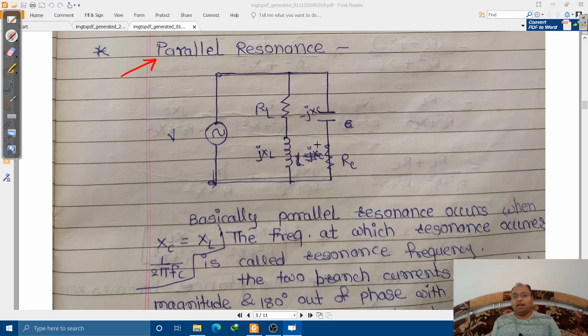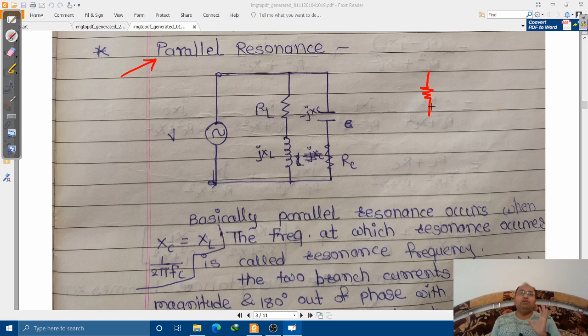Parallel resonance consists of an inductor and a capacitor. Remember that resonance will not occur if there is no inductor or capacitor. Until and unless these two components are there, resonance will not occur, because the phase angle has to be nullified.